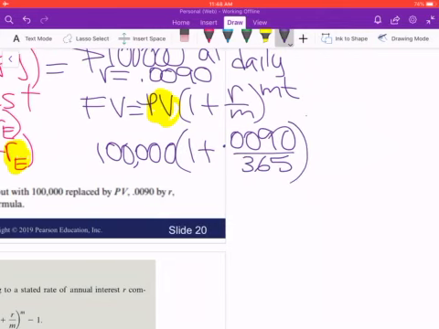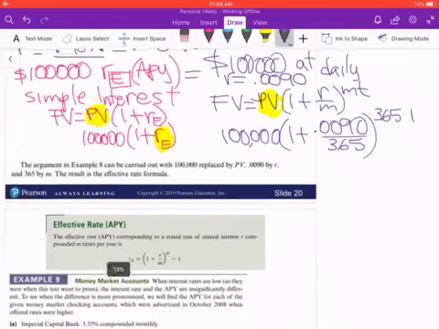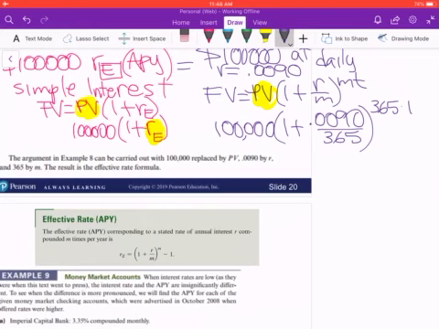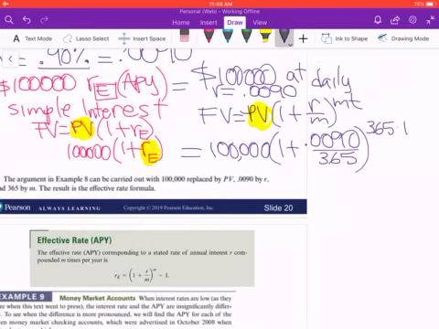And here we will need 365 times 1 because it's just 1 year. So what we're going to do is compare this to, because remember that is what the APY or effective rate is. It's the same rate that will give you the same amount that you will obtain with something compounded daily for 1 year.